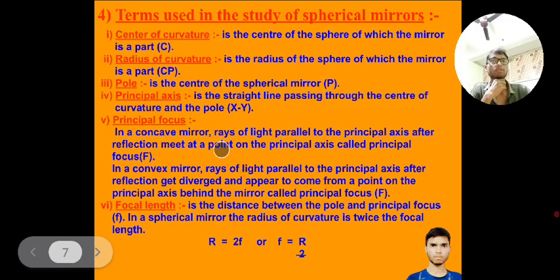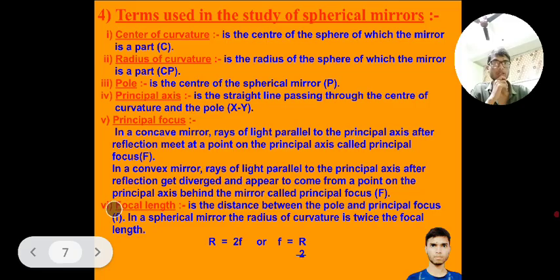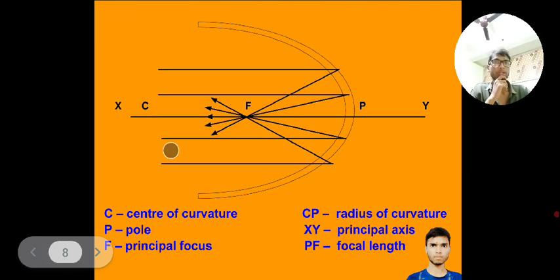Now next we have the principal focus. In a concave mirror, rays of light parallel to the principal axis, after reflection, meet at a point on the principal axis called the principal focus. This is a concave mirror.